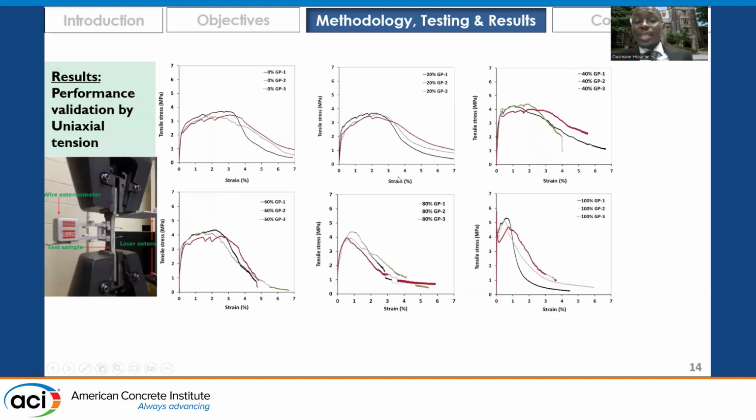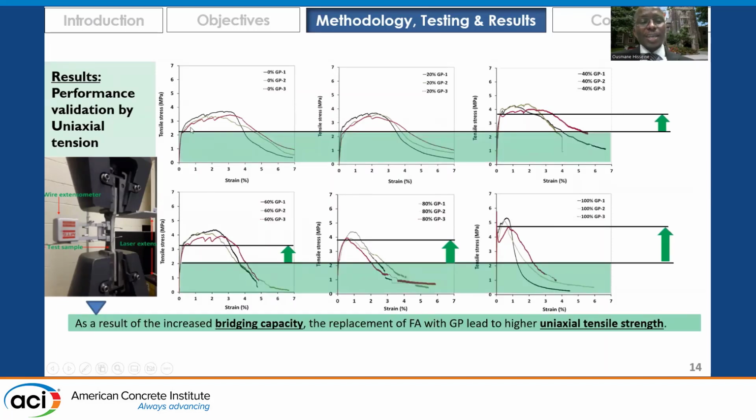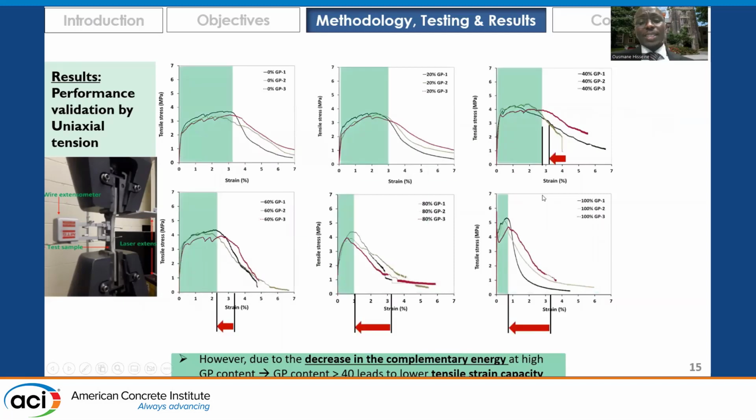Therefore, when we verified and validated these results by uniaxial tensile test, we obtained higher direct tensile strength, as you can see here, up to more than twice higher uniaxial tensile resistance. However, you can see that the tensile strain capacity has dropped as well.